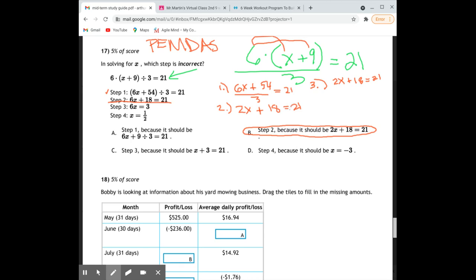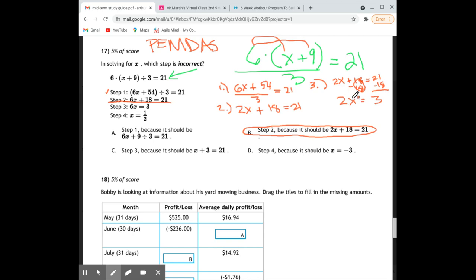Subtract 18 from both sides? Correct. When I do that, I'm left with 2x equals what? What's 21 minus 18? 3. All right, so now I have 2 times x equals 3.